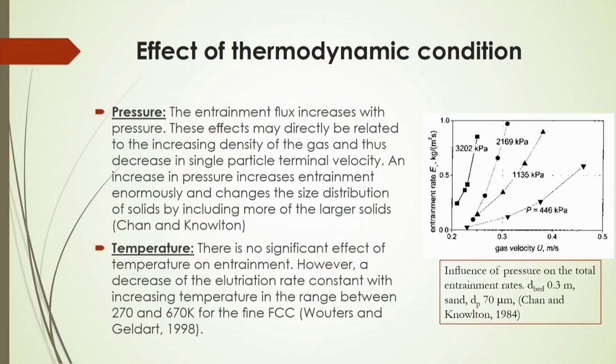And there is no significant actual effect of temperature on entrainment. However, you will see a decrease of the elutriation rate constant. We will be discussing later what that elutriation rate is. So, the elutriation rate constant decreases with increasing temperature in the range between 270 and 670 K for the fine fluidized catalytic cracking fluidized bed.